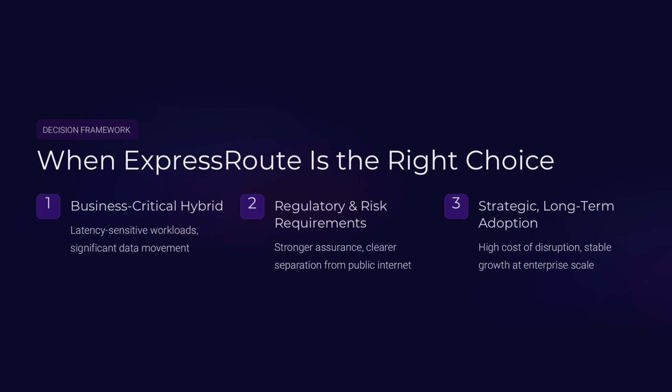It is also common when regulatory expectations and risk management require stronger assurance and a clearer separation from public internet routing. Leaders justify it when the cost of disruption is high and when cloud adoption is strategic and long-term. Architects justify it when the environment needs stable growth and predictable performance at scale.